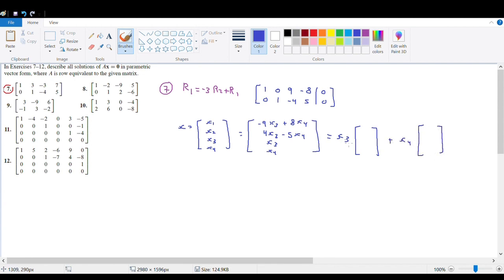And then we take the coefficients of x3 for all these four: -9, then 4, then 1, then 0. For x4, here we have 8, then -5, then 0, then 1. So this is the parametric form of the solution of the matrix A.